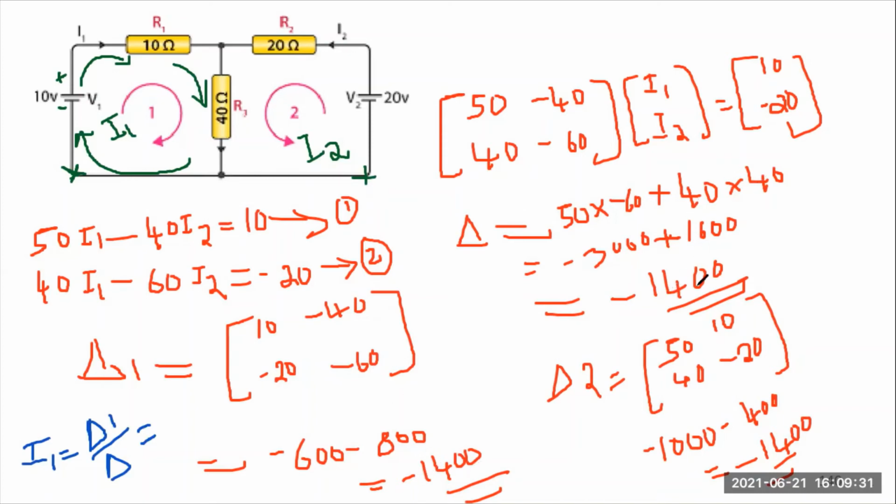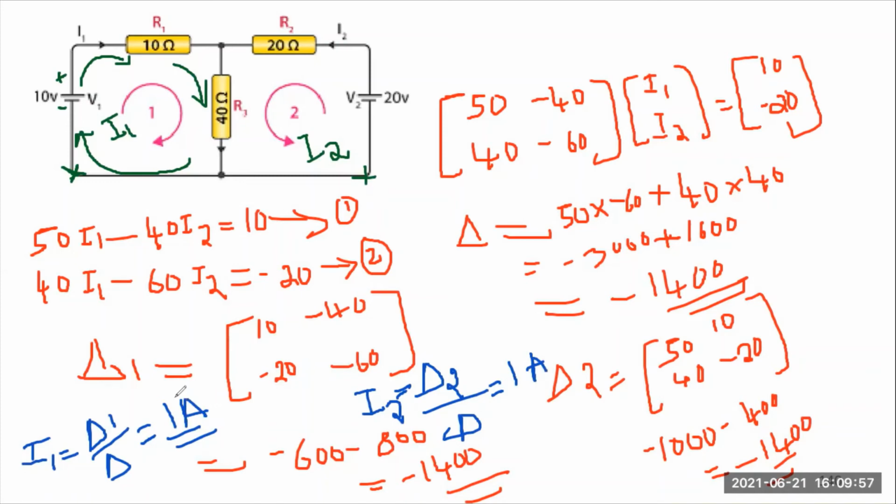Delta is equal to minus 1400. So delta 1 by delta is equal to 1. It is very simple. Similarly I2 is delta 2 by delta. What is delta 2? Minus 1400. Delta is minus 1400. That is equal to 1. So I1 is equal to 1 ampere and I2 is equal to 1 ampere.